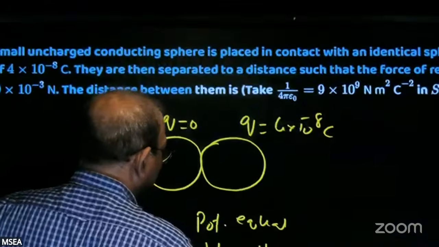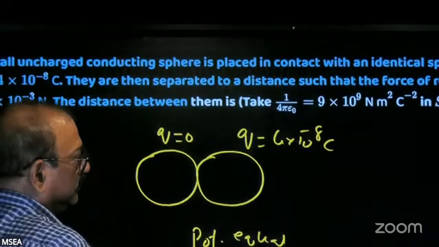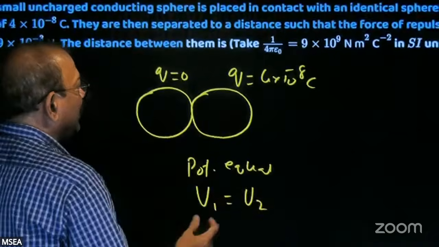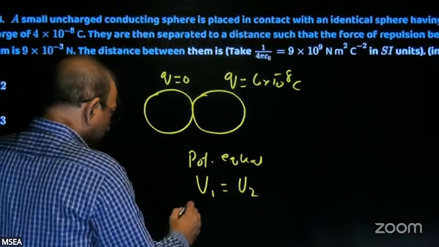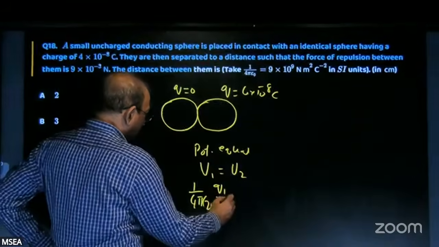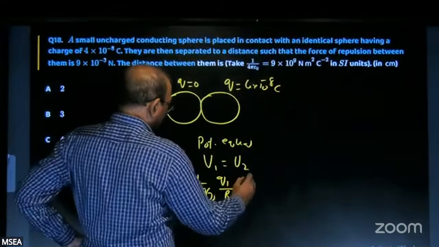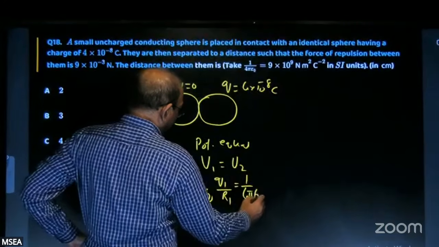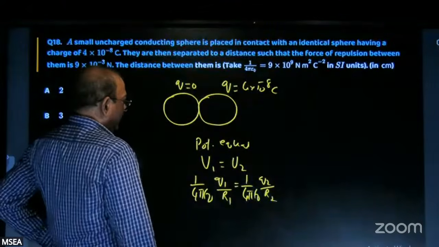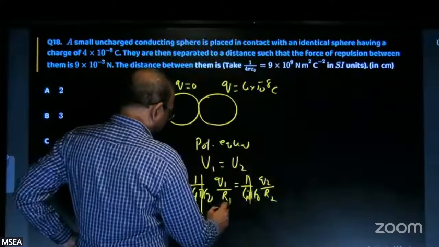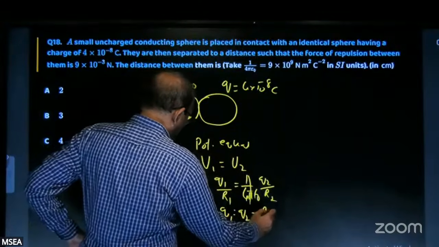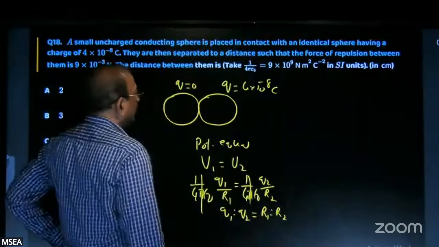Potentials of these two spheres must be equal finally, not charges equal. Potential of a sphere, you know, is 1 by 4 pi epsilon naught q1 by radius of sphere, and 1 by 4 pi epsilon naught q2 by radius of sphere. That means q1 is to q2 must be equal to r1 is to r2.